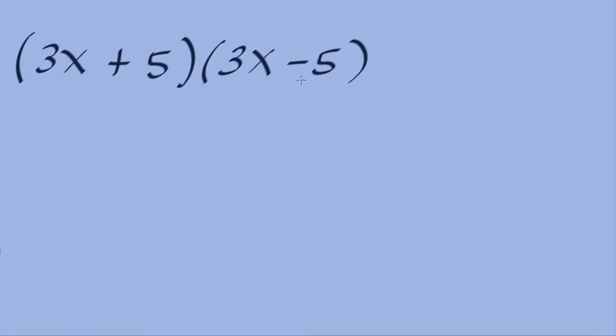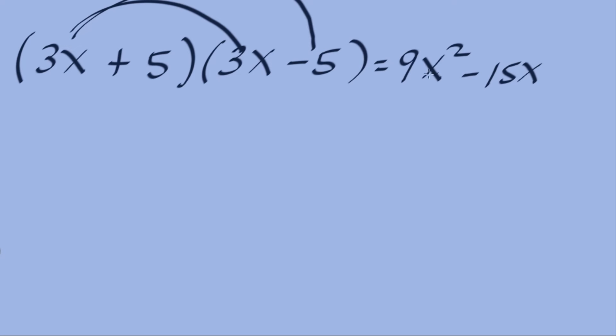Let's say you have 3x plus 5 multiplied by 3x minus 5. So again, this is a sum and difference of 3x and 5. So 3x times 3x is going to be 9x squared. Now 3x times negative 5 is negative 15x. 5 times 3x is positive 15x. And then 5 times negative 5 is negative 25.